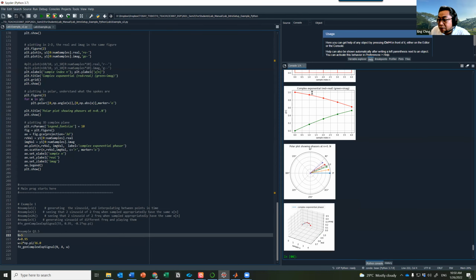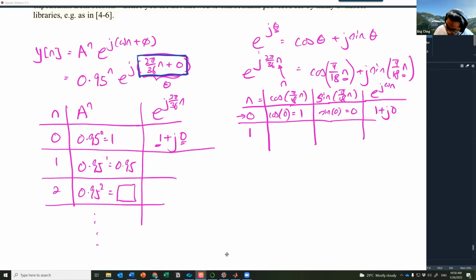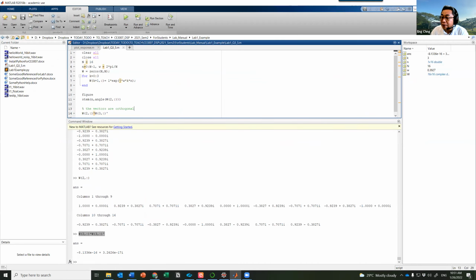Okay, the second value. What value is this guy? So it's like n equals 1. Let's try. Okay, so let's go to our, so manually, n equals 1. So basically this is cosine π over 18 and this is sine π over 18. I'm going to use my MATLAB and go and calculate.